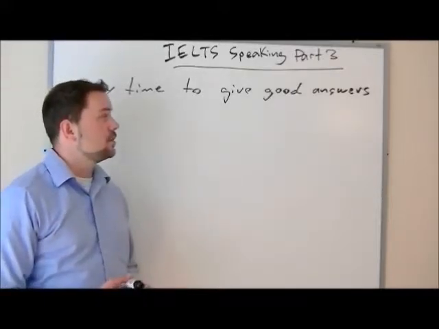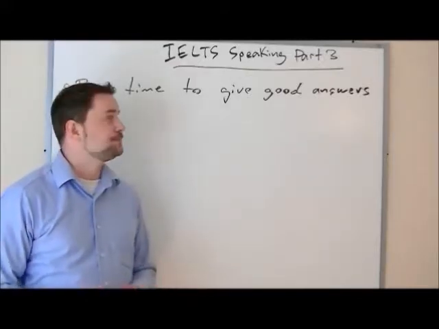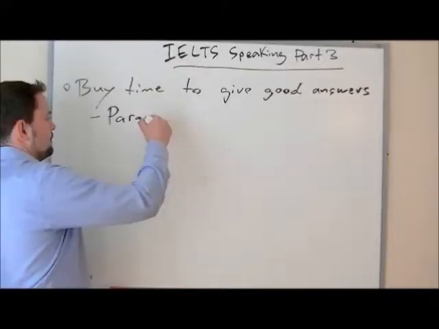So if we look at the questions for Part 3 now, we can see that the first question is asking about what kind of attributes a good role model should have. So if you understand this question but need time to think, one skill that you can do is paraphrase the question.